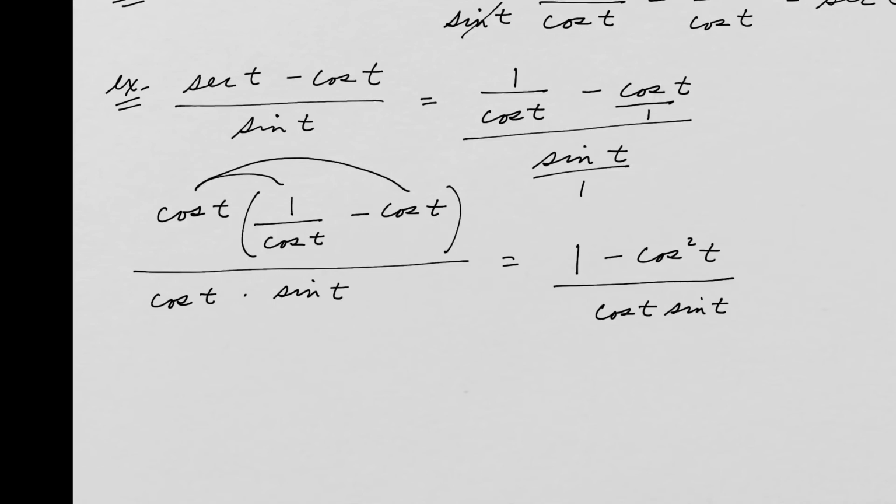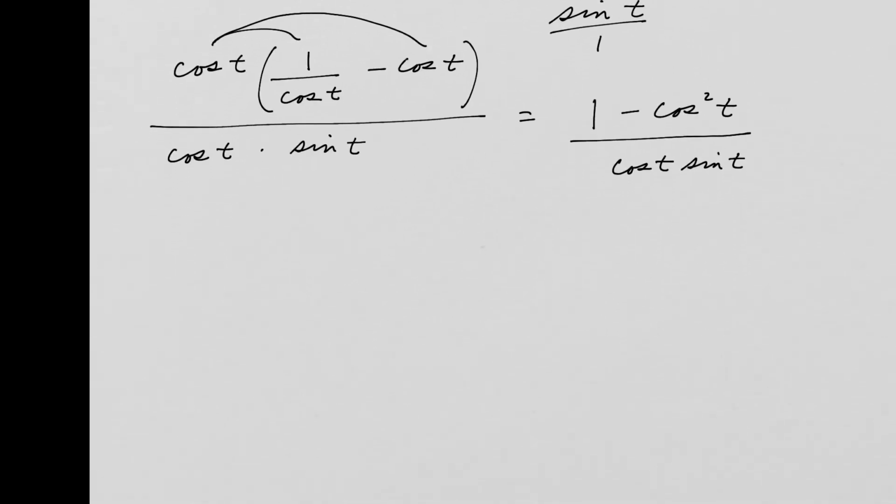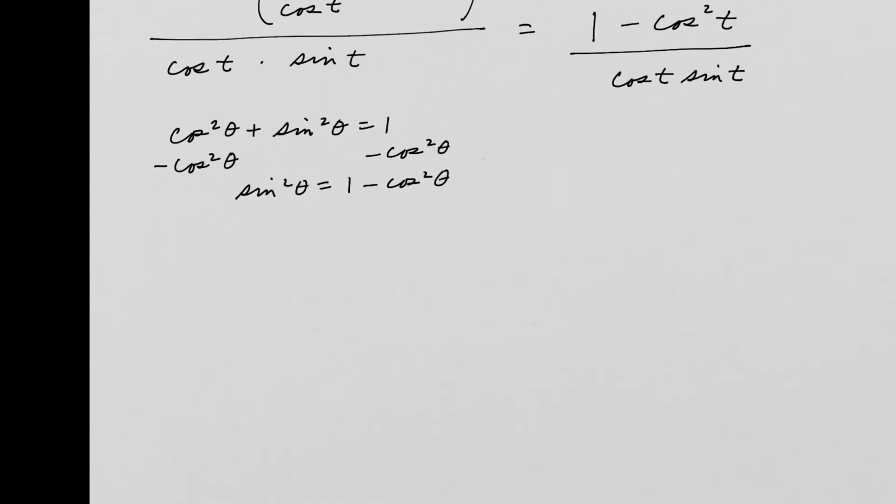Isn't that the same as sine squared of t, by the Pythagorean identity? Remember, cosine squared plus sine squared is equal to 1. If I subtract cosine squared from both sides, then sine squared is equal to 1 minus cosine squared. So that numerator is really just sine squared.